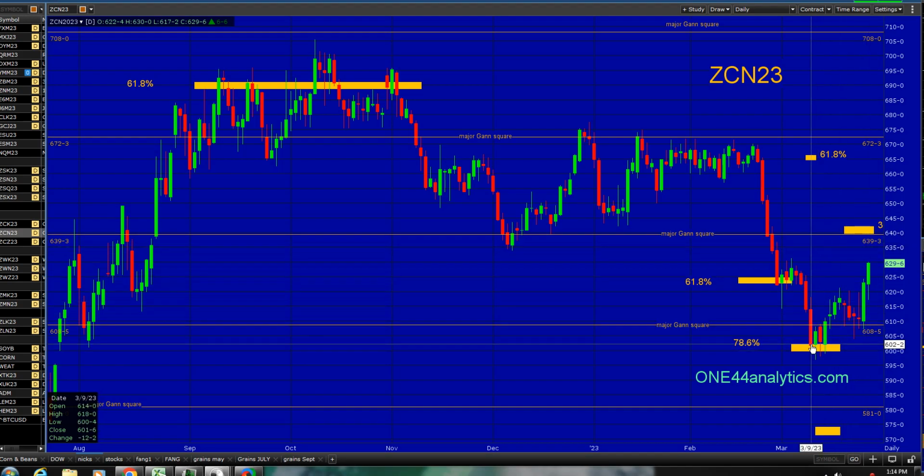We were looking for, and we still are, initially just the 639 quarter major Gann square, which just happens to be 38 back up. We are expecting more than that, but this is our short-term target. That was when we hit this level down here at 602. Again, you can get all of these levels ahead of time just by being a premium member.